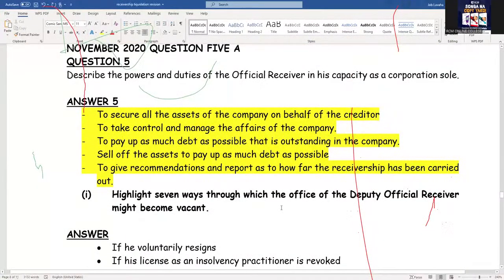Then you can look at this one as the last one. Highlight seven ways through which the office of the deputy official receiver might become vacant. So they can be an assistant to the receiver. He can voluntarily resign.